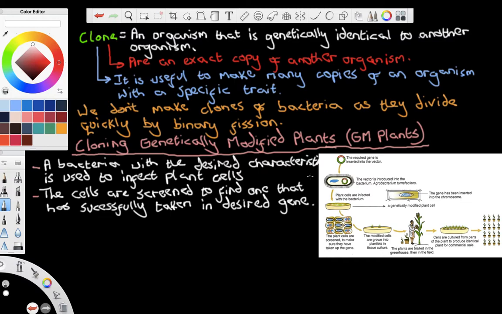Okay? The cells are allowed to grow into what's known as a tissue culture. So the cells are grown into a tissue culture.